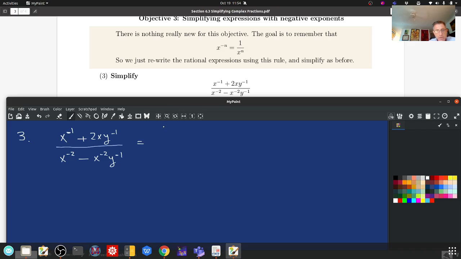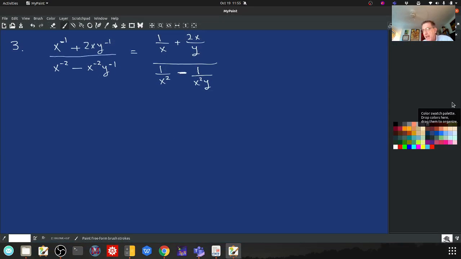X to the minus 1 is 1 over x. 2x times y to the minus 1 is 2x divided by y. X squared to the minus 2 is 1 over x squared. This is a minus sign here. X to the minus 2 over y to the minus 1. Remember, we make both of those positive exponents by moving them across the division line. So I'm done with that.